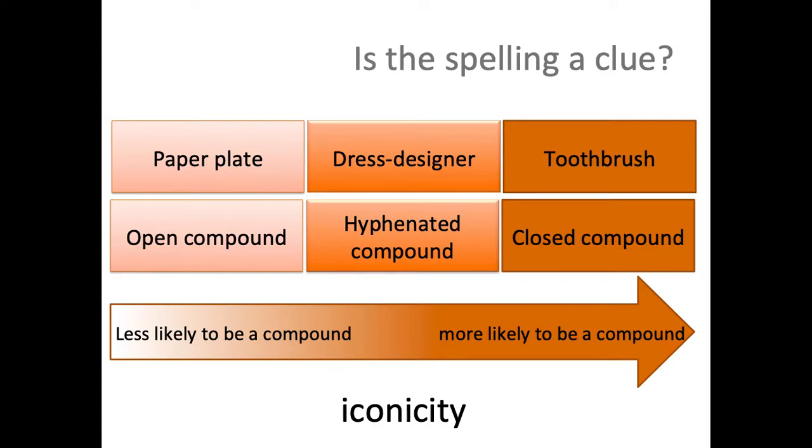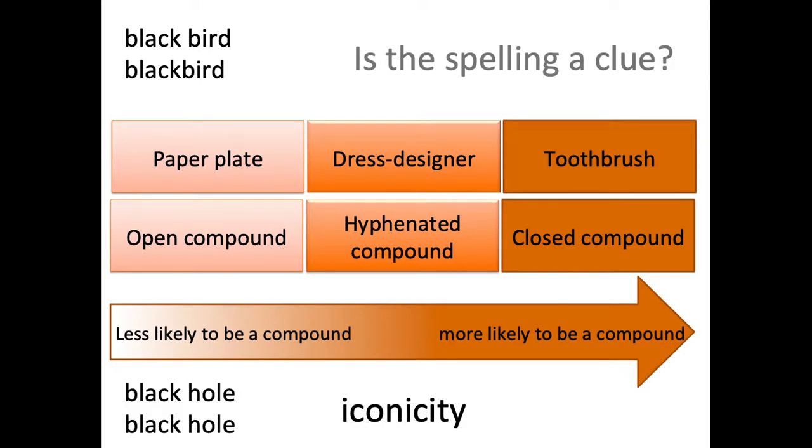The spelling, the morphology, is an indication as to how the words should be interpreted in terms of their status. Are they compounds or not? It works quite well for blackbird versus black bird, right? A blackbird being un merle, and a black bird being un oiseau noir. But remember the case of black hole versus black hole. They're both spelled the same way, and yet they do not work the same way.